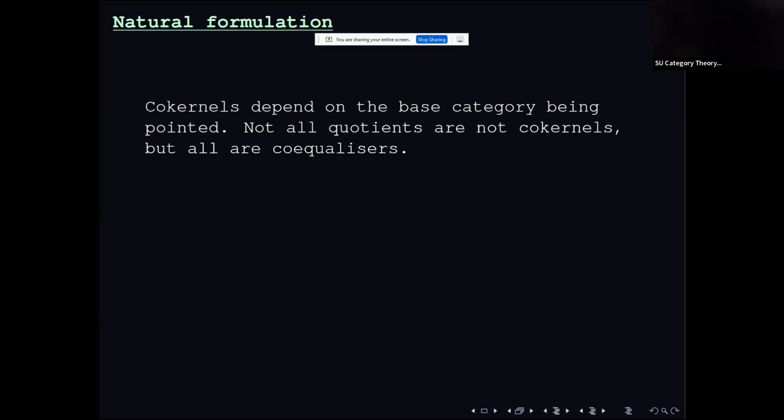Okay. So we began with this example of pointed categories and co-kernels. So our notion of quotient was co-kernel. And this was kind of the general notion of quotient behind each of our examples. Of course, not all quotients are co-kernels.